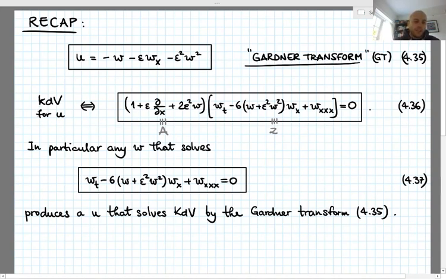And therefore, given a W that solves equation 4.37, we can use the Gardner transform 4.35 to produce a field U that solves the KdV equation. So what we're going to see next is how to use this idea to generate conservation laws for the KdV equation. So I'm going to go to full screen now.